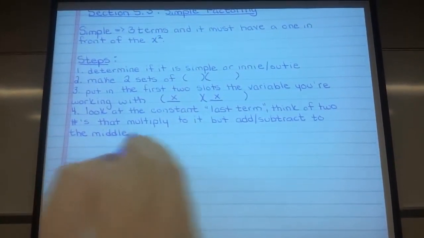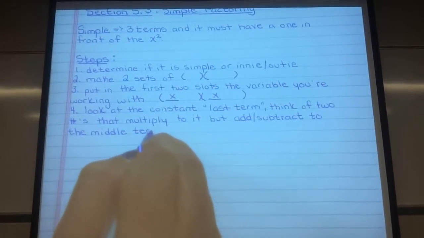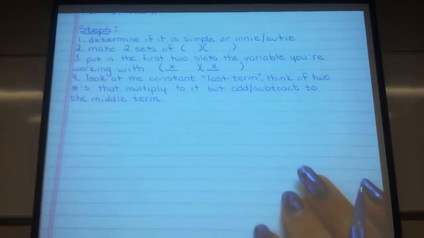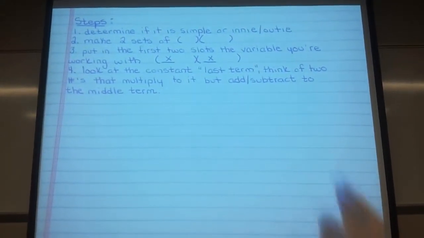You got a lot going on here. You've got multiplying, you've got to think of adding and subtracting at the same time. It's just a big puzzle. You've got to figure out what the mystery numbers are.